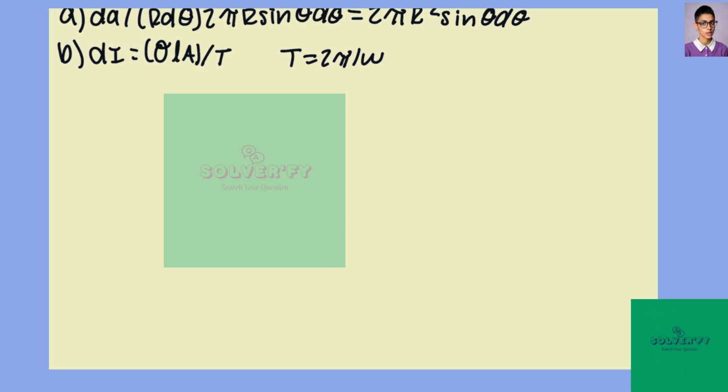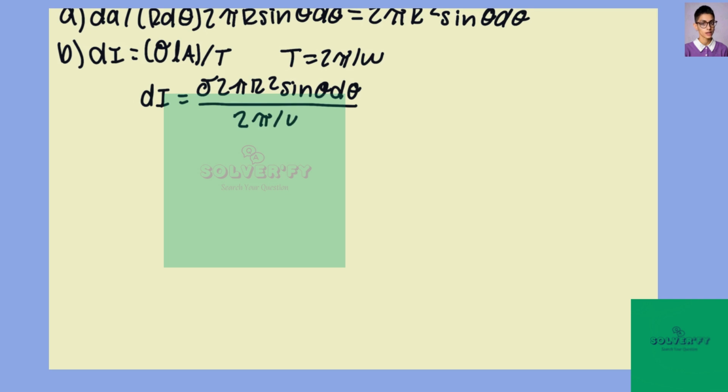So then we have dI is equal to σ 2π r² sinθ divided by 2π divided by ω. And so that simplifies out to σωr sinθ.